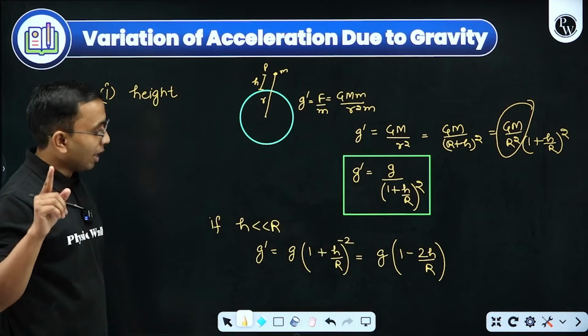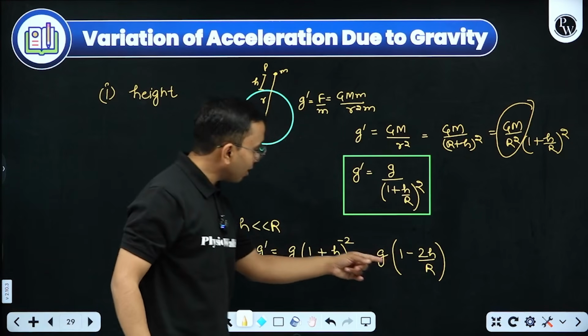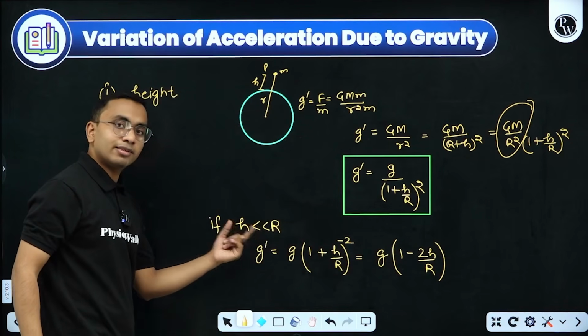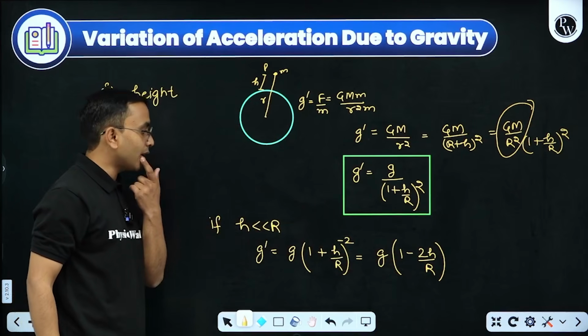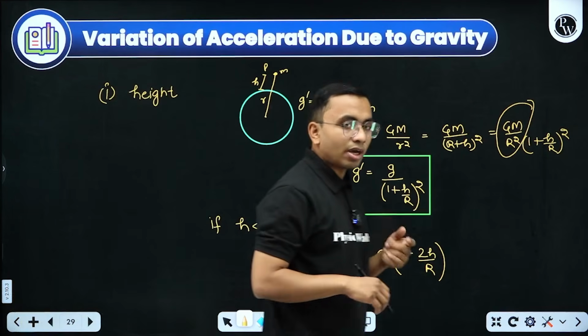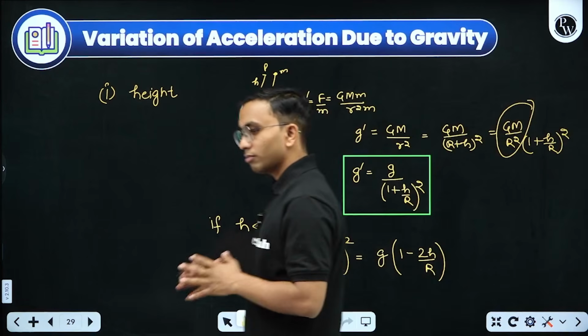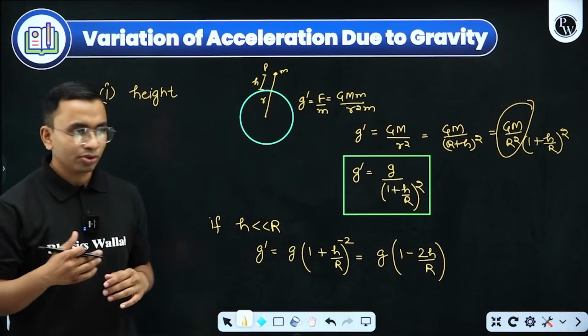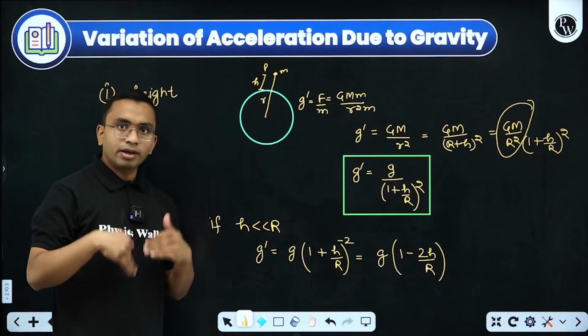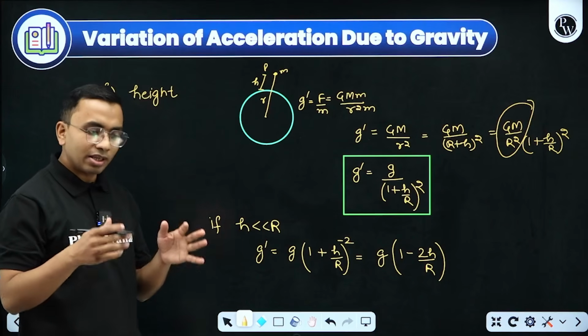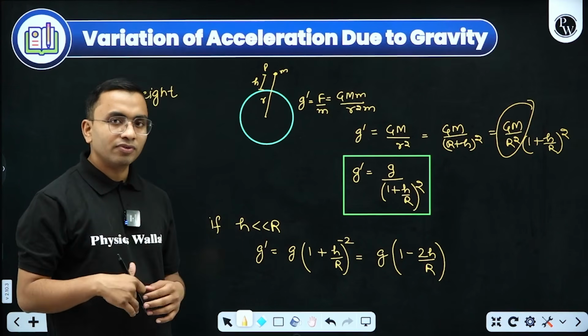Keep this in mind, that this formula is only applicable when h is much less than r. Much less than r means h is r by 100 at least. We say 100 times or 50 times it should be. So h should be 1 by 100 of r, or 1 by 50 of r.